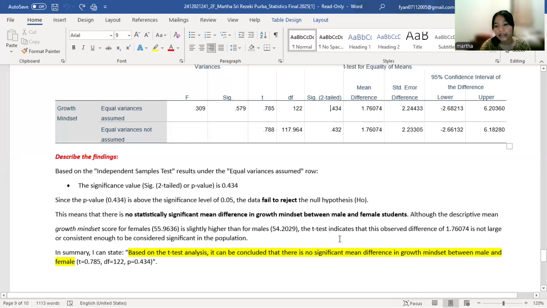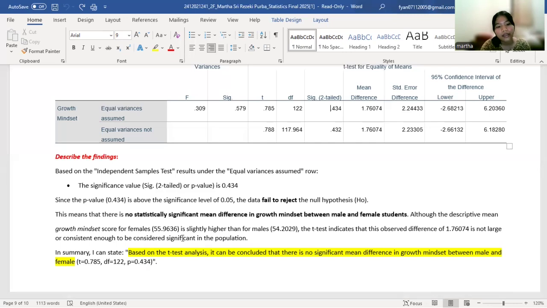The t-test indicates that this observed difference of 1.76 is not large or consistent enough to be considered significant in the population.